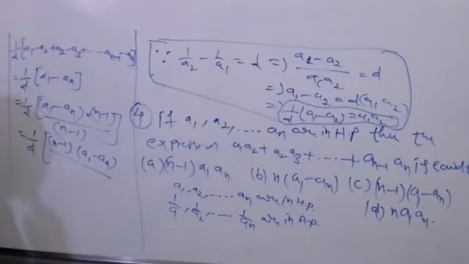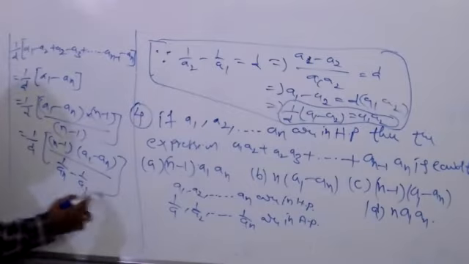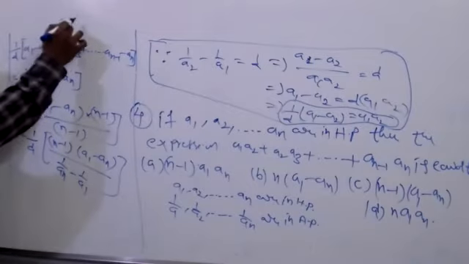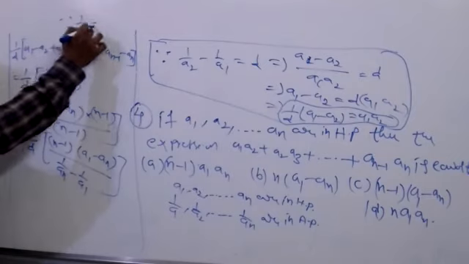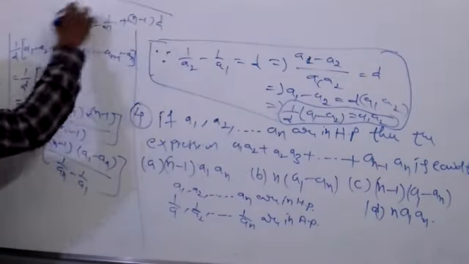Here the denominator is d into n minus 1, which is 1 upon an minus 1 upon a1. Since 1 upon an is equal to 1 upon a1 plus n minus 1 into d.